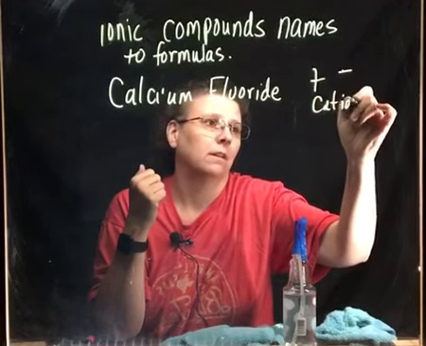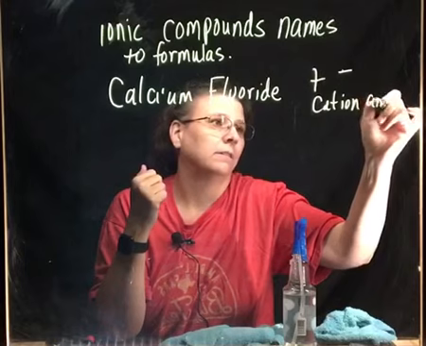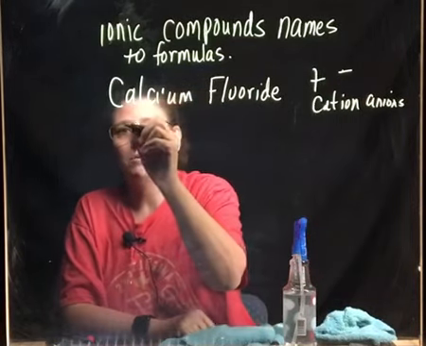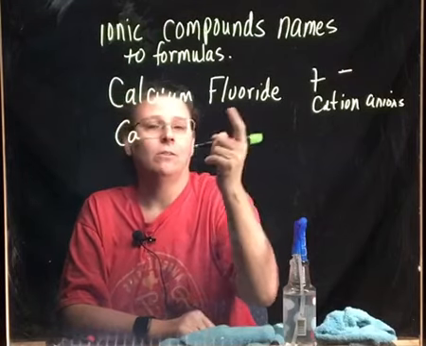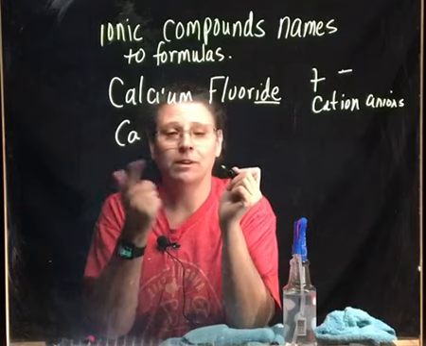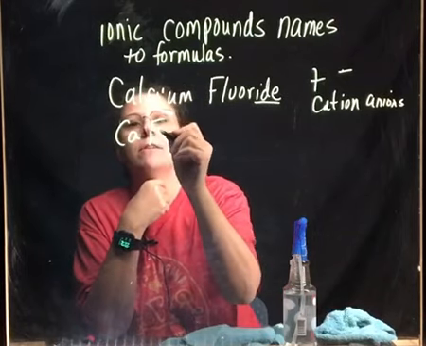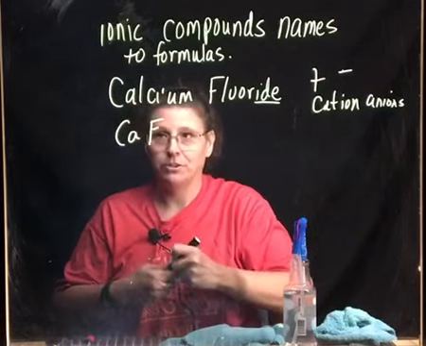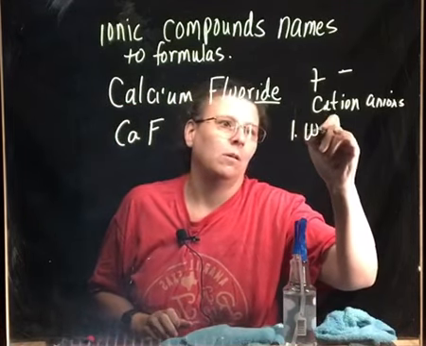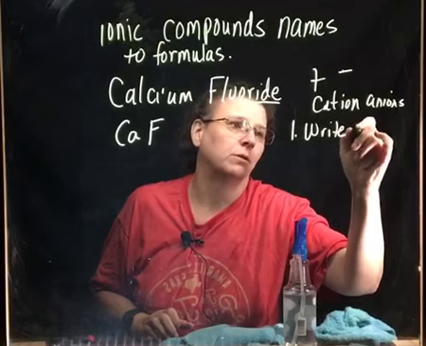Cations, then anions. So calcium, you write your symbol, Ca. Fluoride. Remember the IDE just changed, we've changed fluorine to fluoride, so that means we're in F. Step 1. Write your symbols.